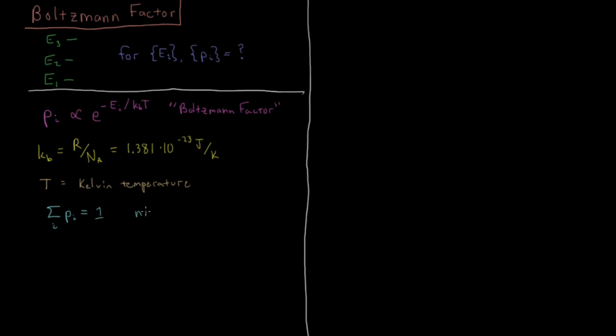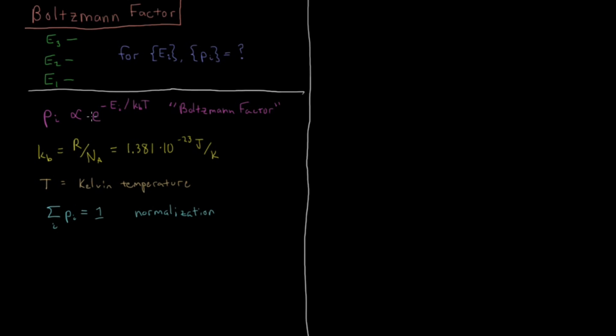And that's a condition which is called normalization. You might remember normalization from the previous quantum chemistry playlist, where we would normalize our wave function. Here it's a similar type of thing. The wave function squared is a probability, and here for our system state probabilities, we want those to all sum up to 1, which is certainty that our system exists in one of these given states.